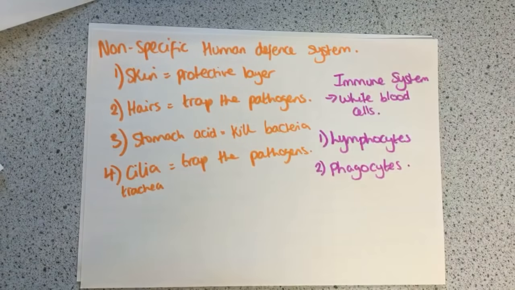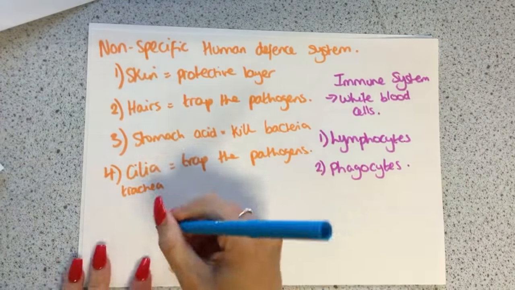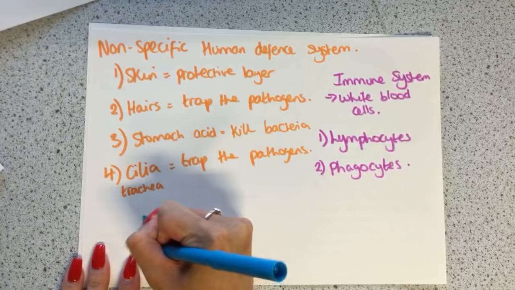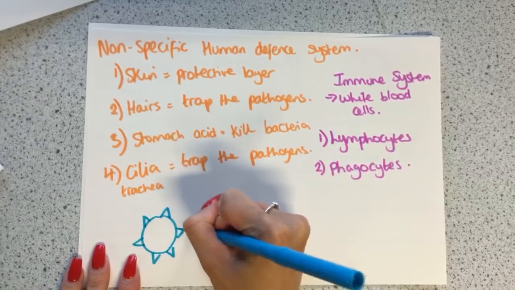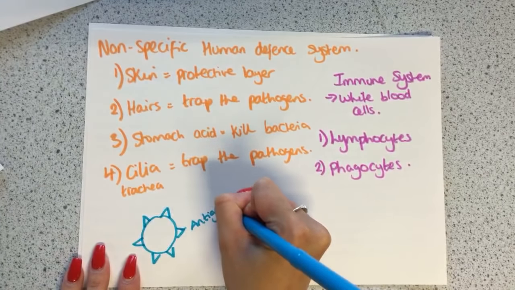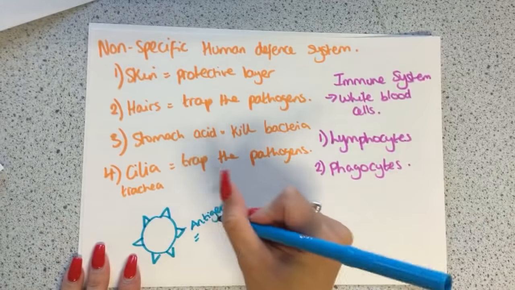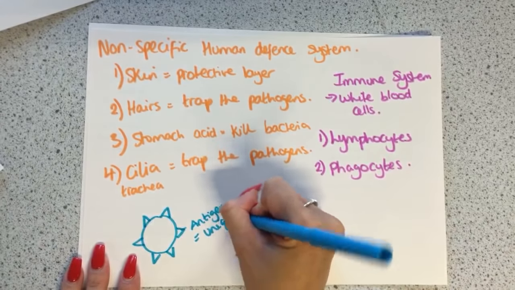Okay, so before I just talk about the white blood cells, I'll just remind you about what an antigen is. So every cell has antigens on their surface. And the definition of an antigen is a unique marker.